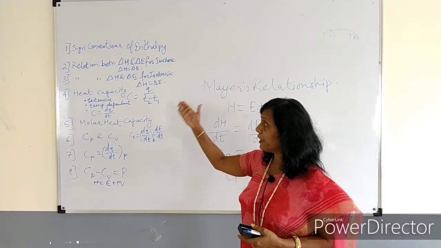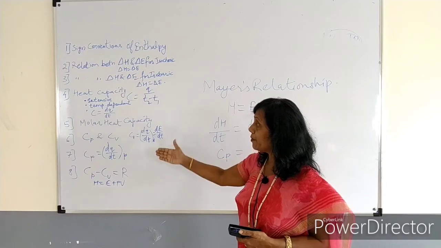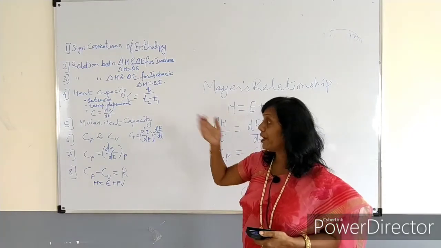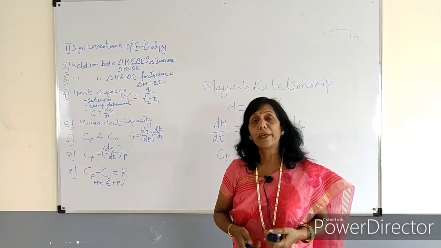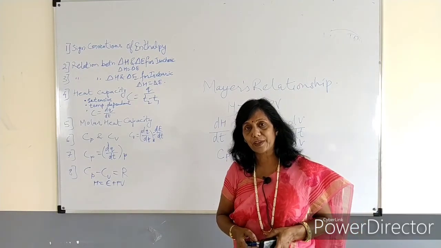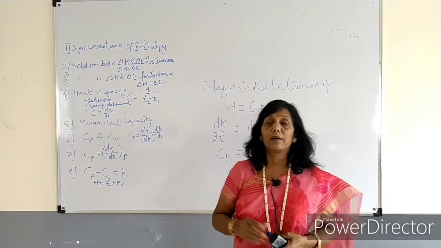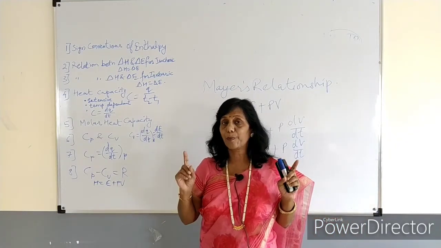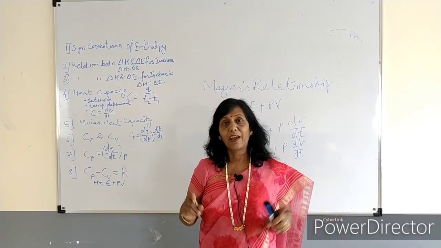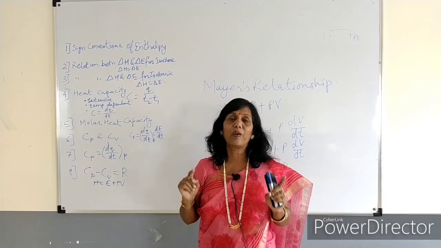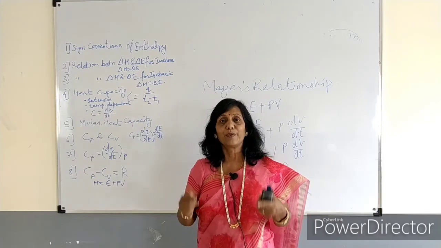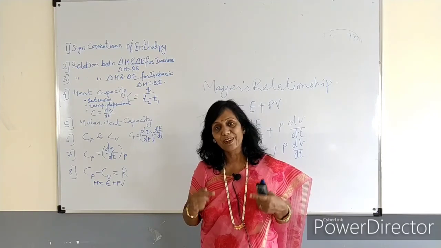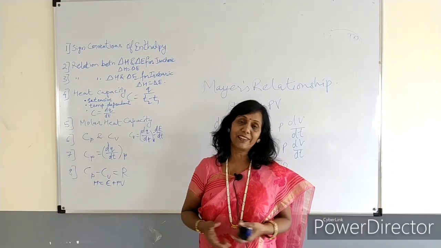We discussed in detail what heat capacity is. Then we discussed the molar heat capacity, and then came to Mayer's relationship and its derivation. I think all of these points are properly understood and you are clear with all of the concepts, right? So we will stop here with today's lecture. We are going to meet again in the next part.